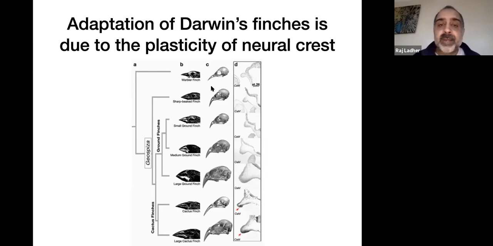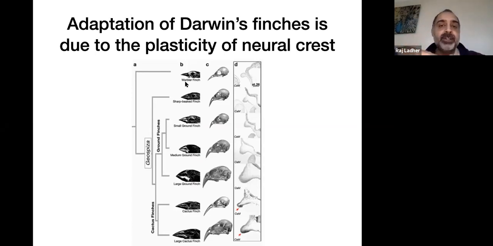And this was found to depend on a single gene, calmodulin, and how it's interacting with the neural crest. Different levels of expression of calmodulin, or different ways in which it's deployed, seem to dictate the morphology of the beak.